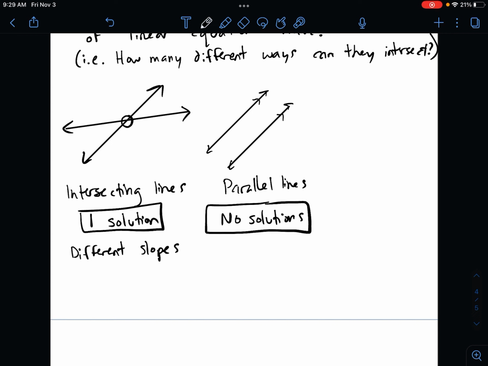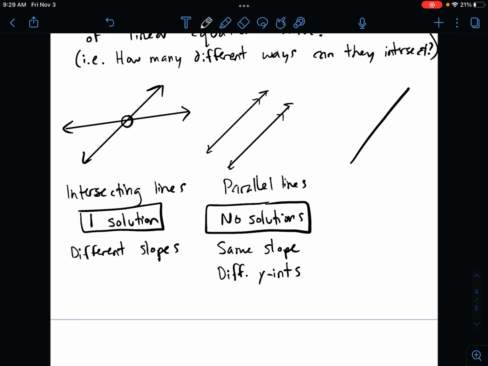If I'm talking about parallel lines, we know that they have the same slope and they have different y-intercepts. So if you have 2 lines with the same slope but different y-intercepts, you know that they're parallel, and therefore there are no solutions to this system of equations.